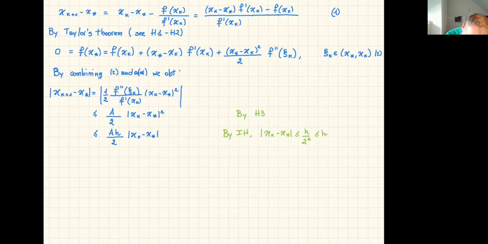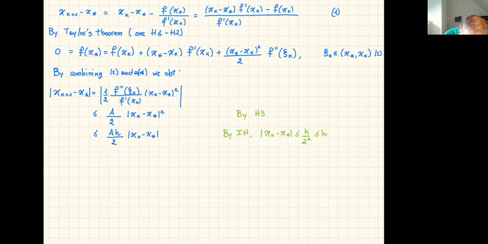So in here I can write this as absolute value of xk minus x star times absolute value of xk minus x star, and then one of these two products is going to be less than h.